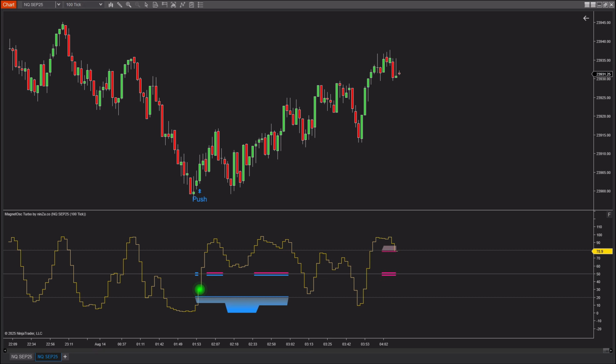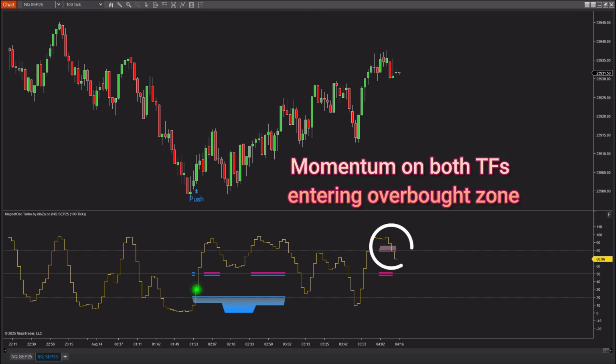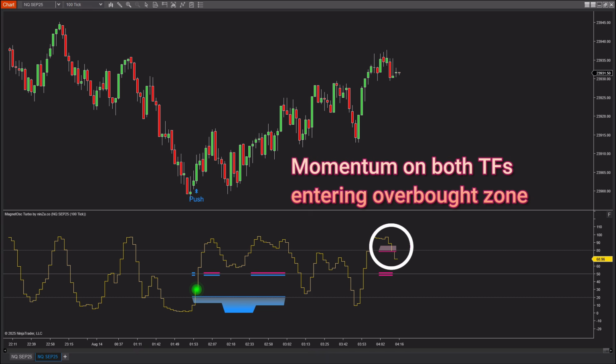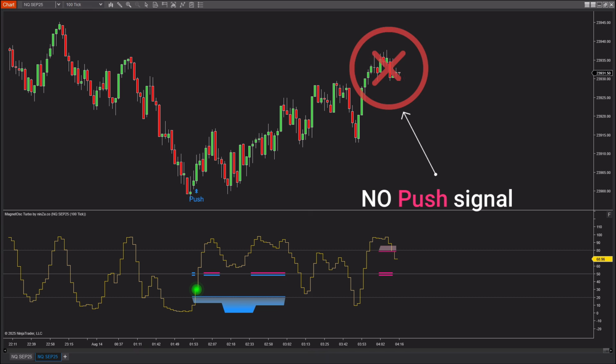In this example, you can clearly see that even though momentum on both time frames had already entered the overbought zone, the indicator did not immediately generate a trading signal. That's because the system hadn't yet identified a high reliability candle to confirm the setup.